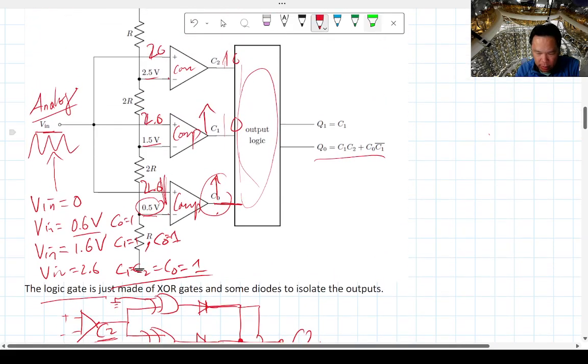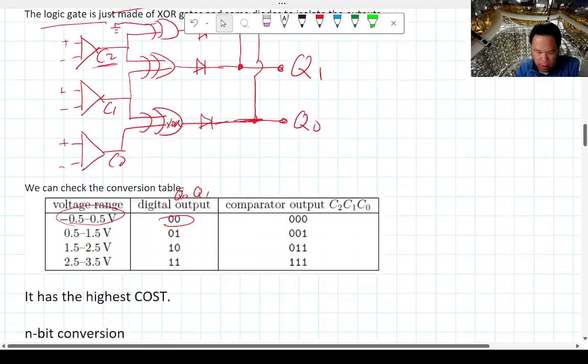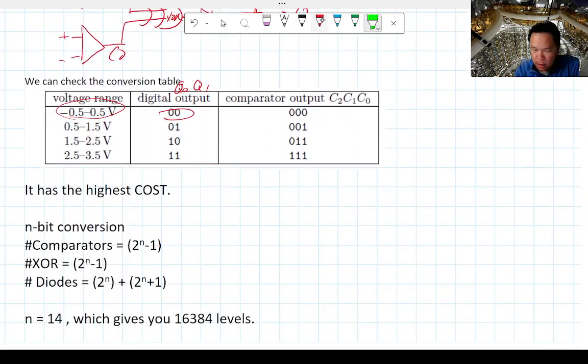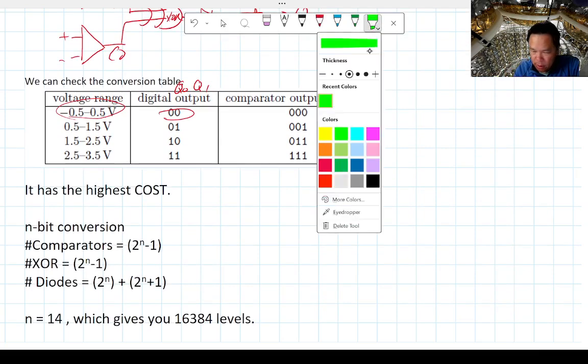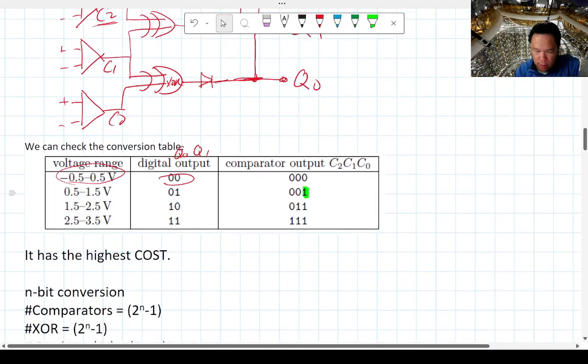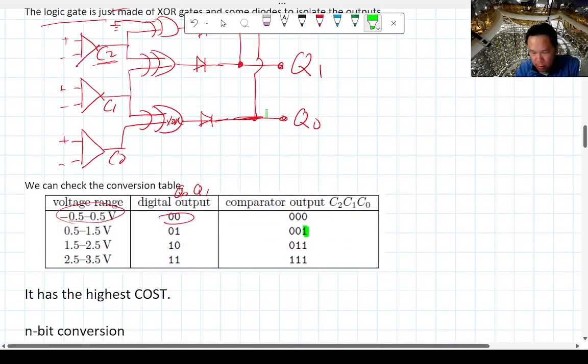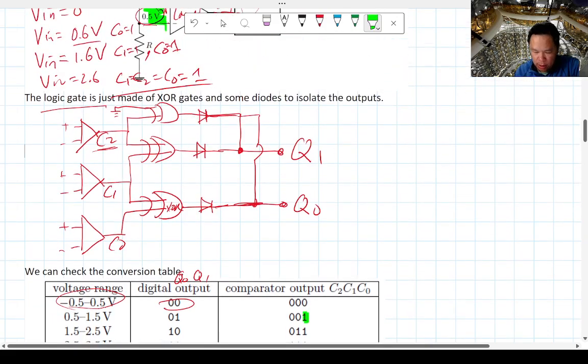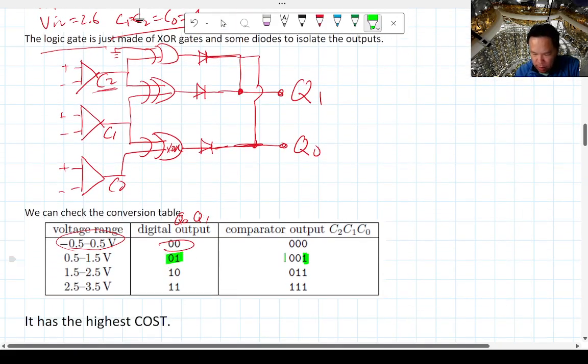This is this area here, this voltage here. Then only the lowest comparator goes high. So this comparator, I can stick with green, goes high. When only that comparator goes high, this will go here and makes Q0 1, but then Q1 stays at 0. So that's what this is.